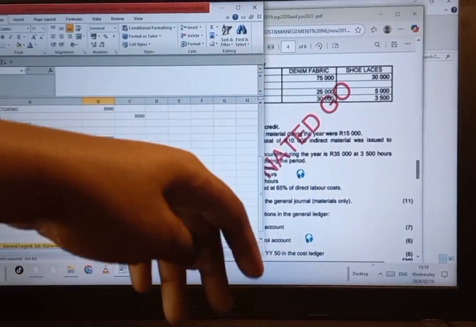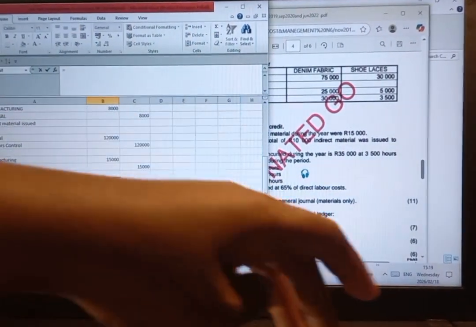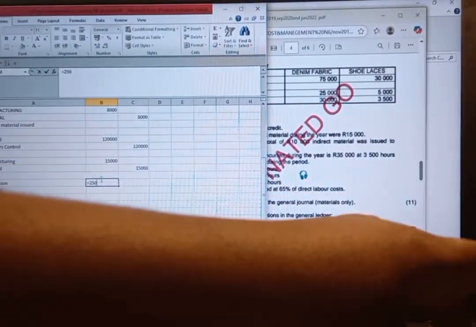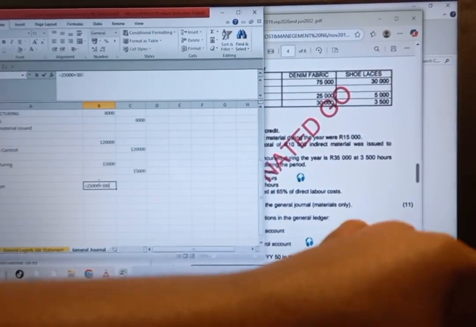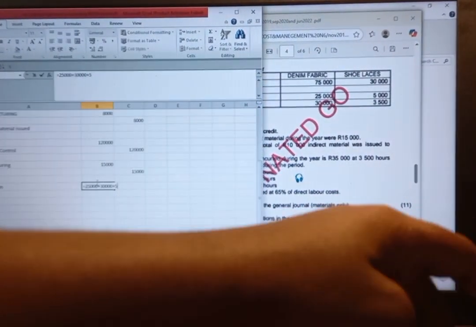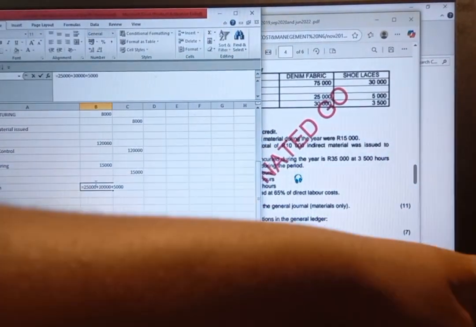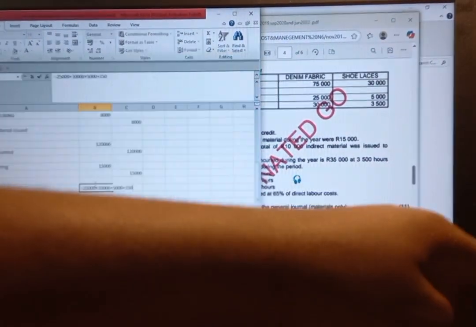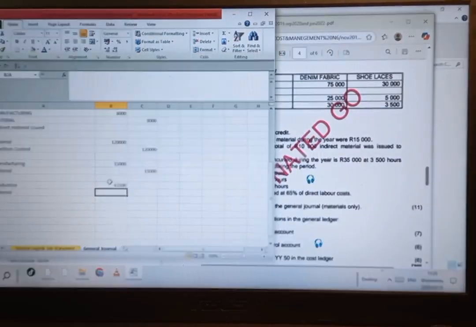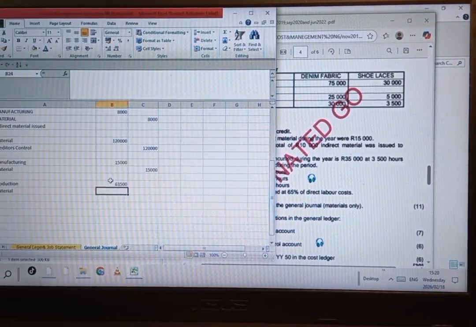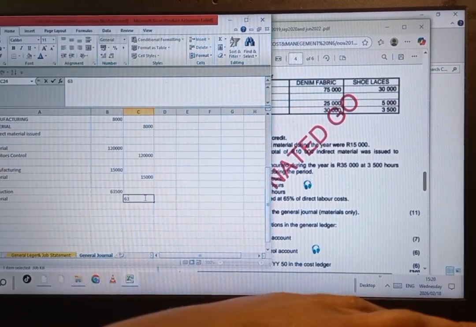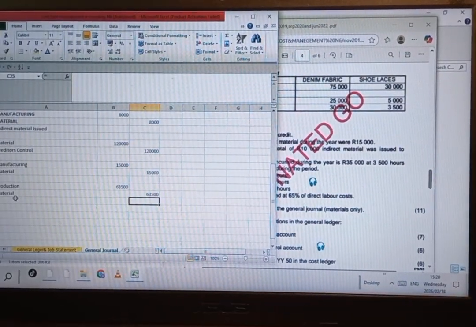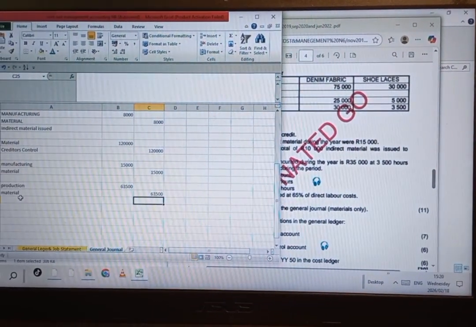Don't forget that this is your marks. 25,000 plus 30,000 plus 5,000 plus 3,500 gives us 63,500. The reason why? Direct material issued.